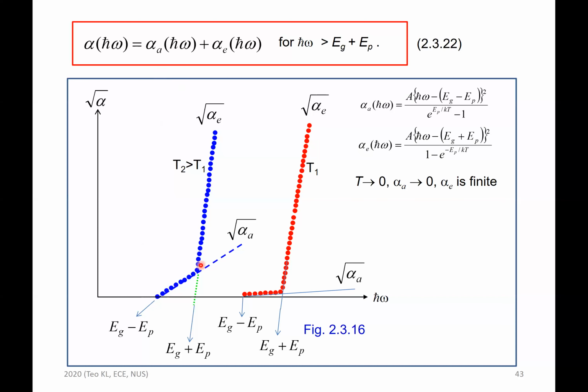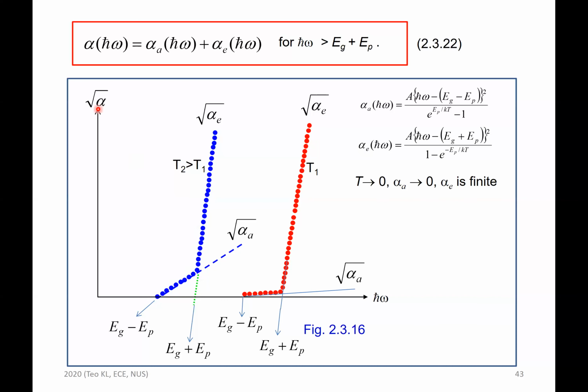The blue one is the whole curve, but there's a kink here. And therefore, you can actually separate these two curves into the absorption coefficient due to the absorption of a phonon and the absorption coefficient due to the emission of a phonon.